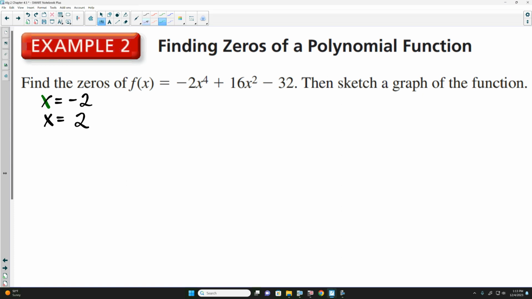One way we can check to make sure it is a solution is with synthetic division, because if the remainder is 0, then it is a solution. It doesn't matter which one we use first.